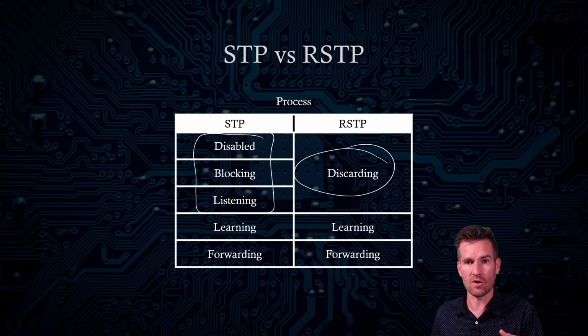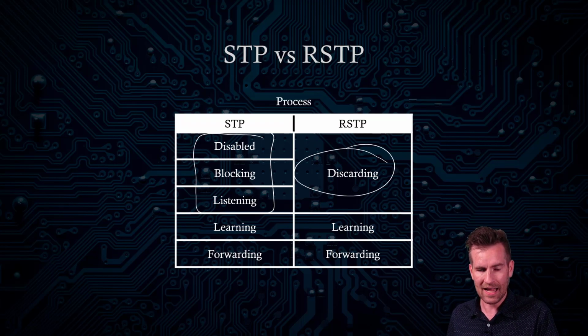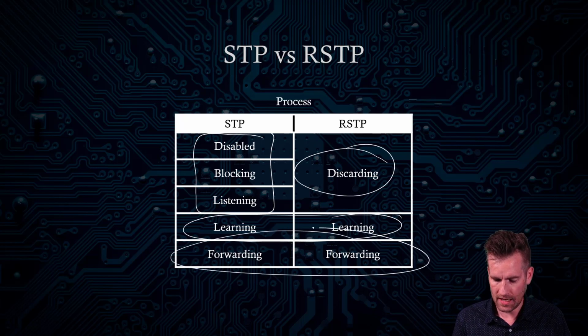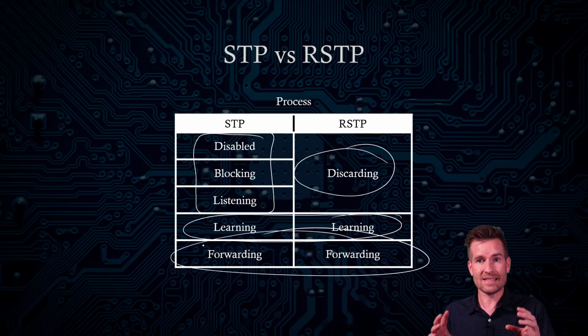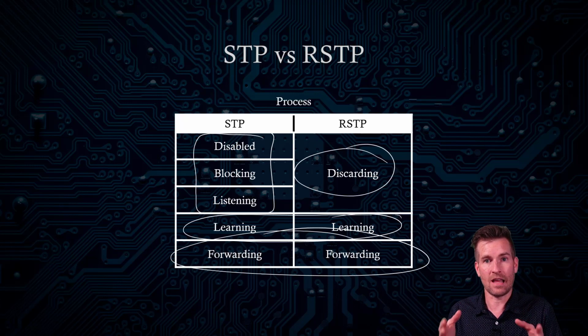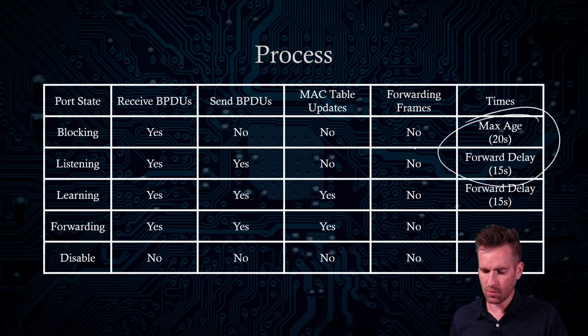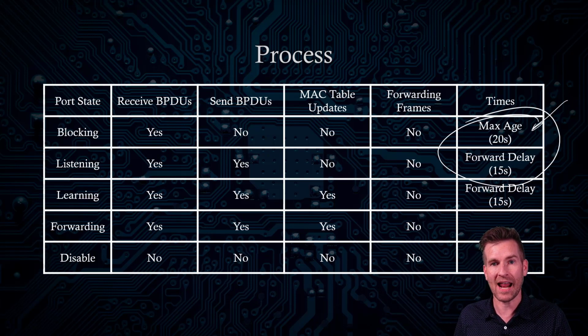It just didn't throw those away, but it wasn't necessarily forwarding traffic in that time. So this drastically reduced the time that spanning tree protocol takes to bring a port live. And it still has the learning and the forwarding states. So it takes the states and reduces the number of states that these different ports are in. It allows that max age and forward delay, so that 25 seconds, you can recover up to 25 seconds with that by cutting some of that out.